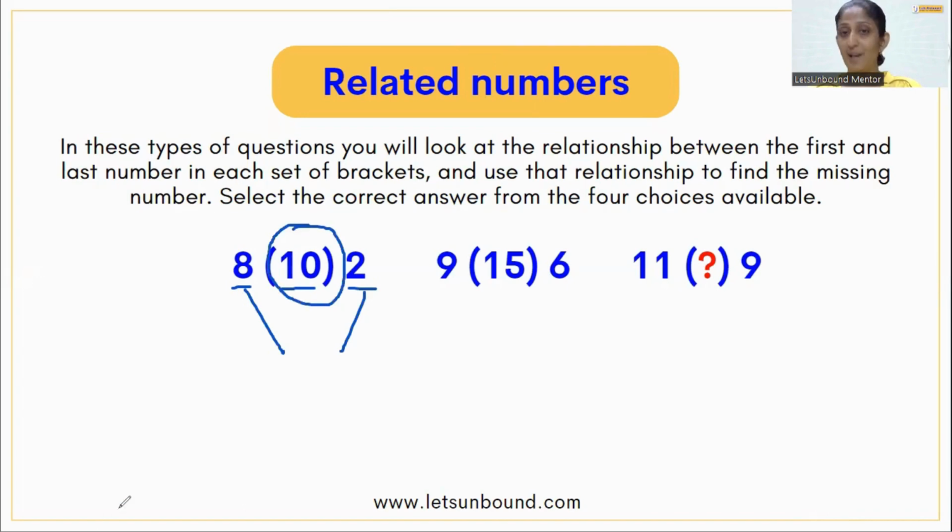Same way, the same relationship would exist between these two numbers and we would get the number of this bracket. Once we get confirmed with the relationship between these numbers, we can easily get the number of this missing bracket. So let us think how these numbers are related.